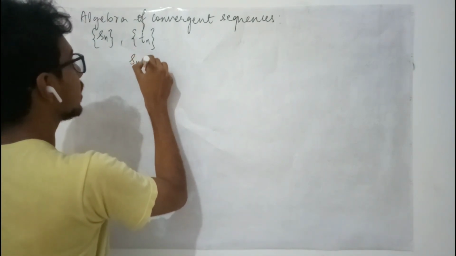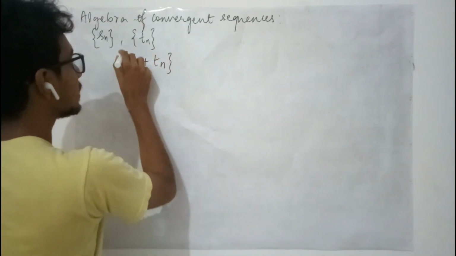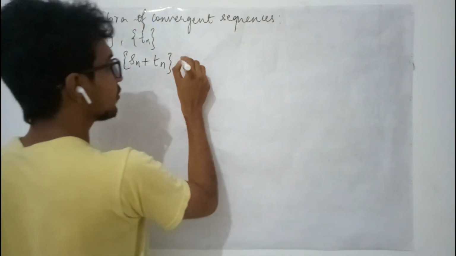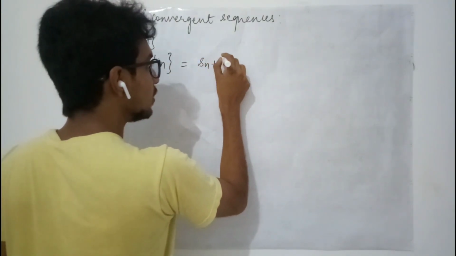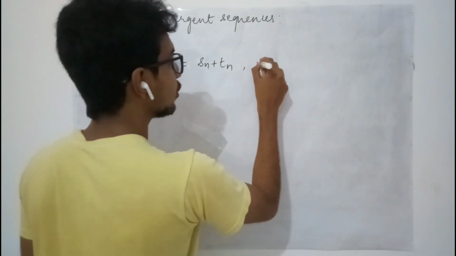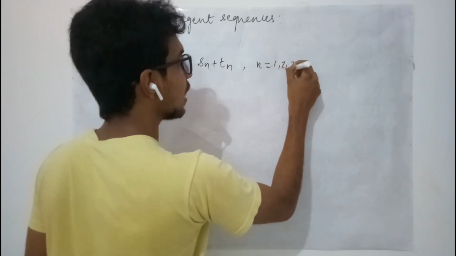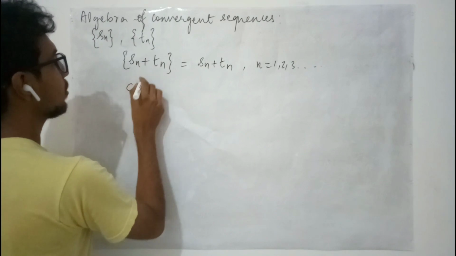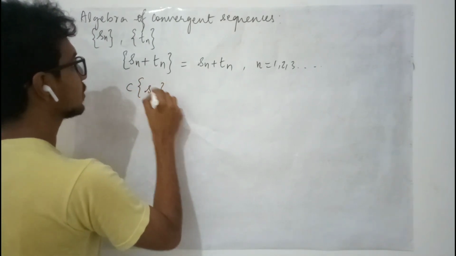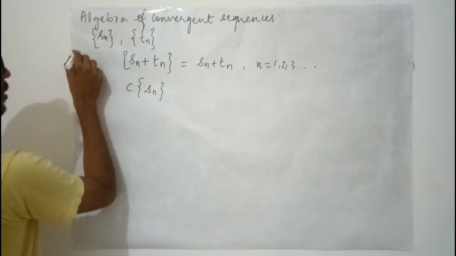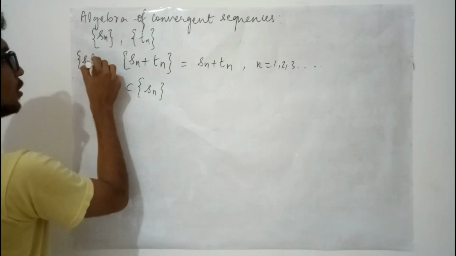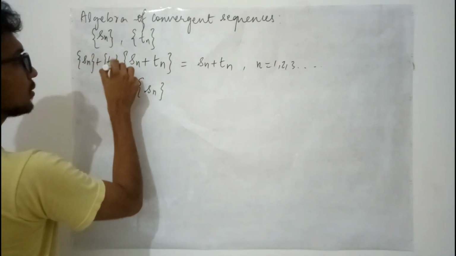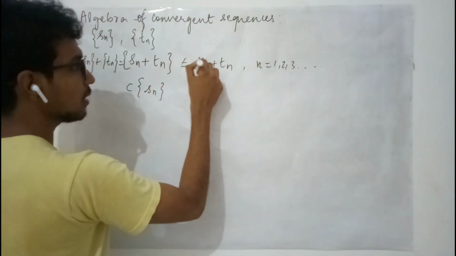Then the sequence Sn plus Tn is defined by term-wise addition. We will have to do a term-wise addition and then sum it up. The addition of two sequences is done in this way, right?